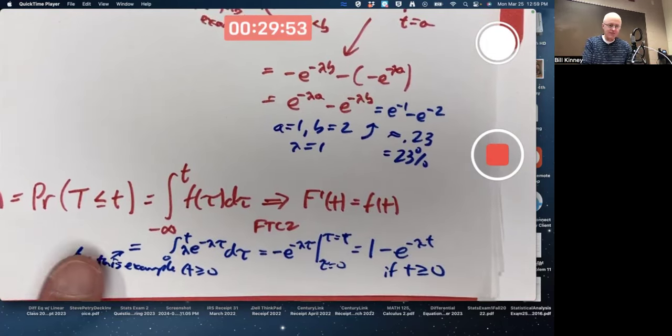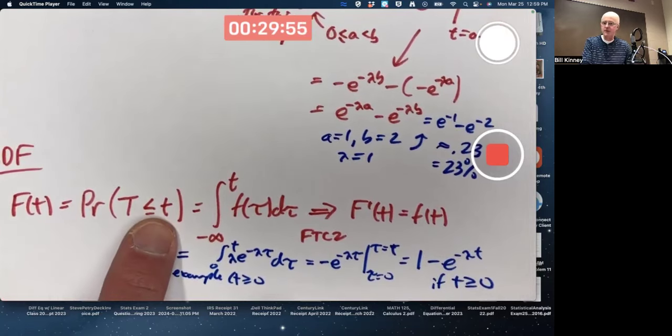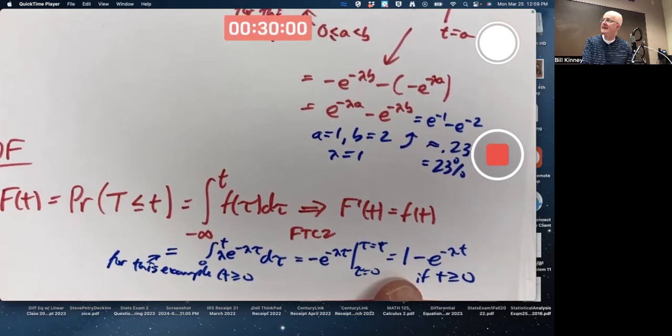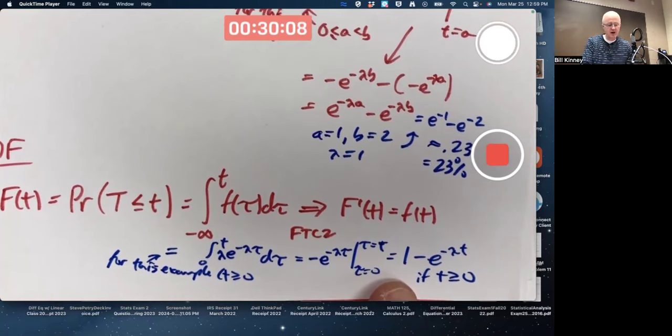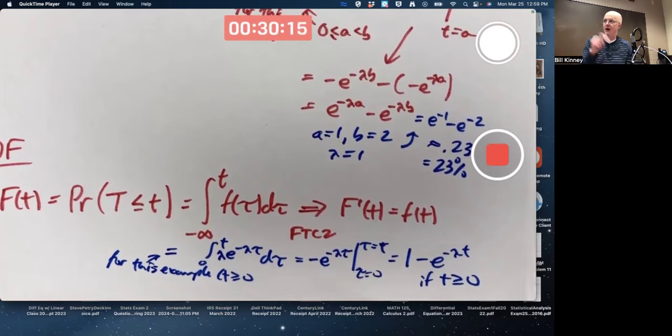The probability, if I plug in bigger and bigger numbers for little t here, approaches 1 in the limit as t goes to infinity. The limit equals 1. That's why it's special. Also notice its value at t equals 0 is 1 minus 1 is 0. So its graph starts at the origin and goes up.